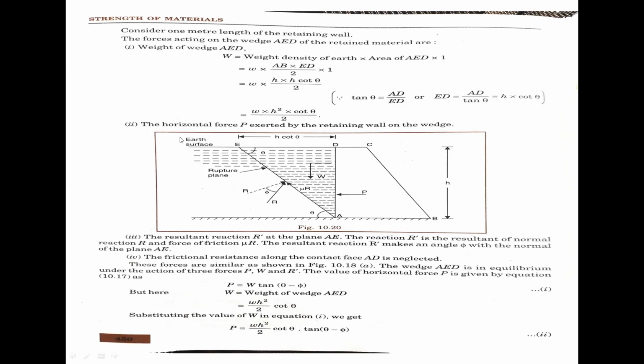This is the total weight of the wedge, that means the soil. The horizontal force P is exerted by the retaining wall on the wedge. Now the resultant reaction capital R dash at the plane AE is the resultant of the normal reaction and the force of friction mu R. The resultant reaction R dash makes an angle phi with the normal of the plane AE.